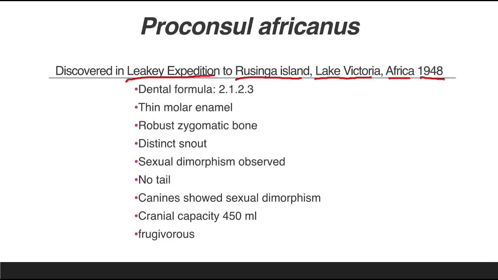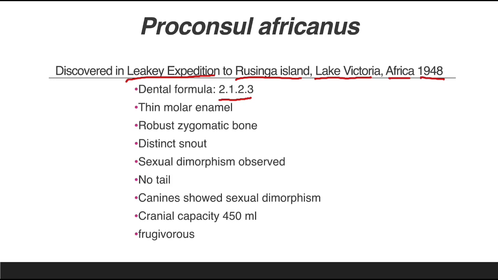The dental formula in case of proconsul was 2/1/2/3. These are the number of incisors, canines, premolars and molars. If you have studied the dental formula in your previous classes, you will understand.